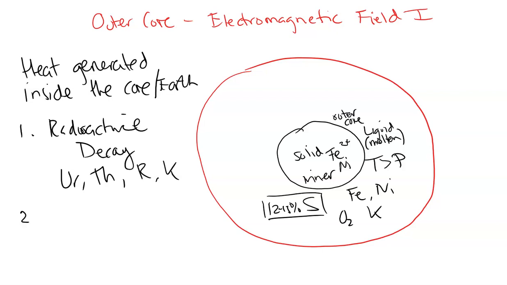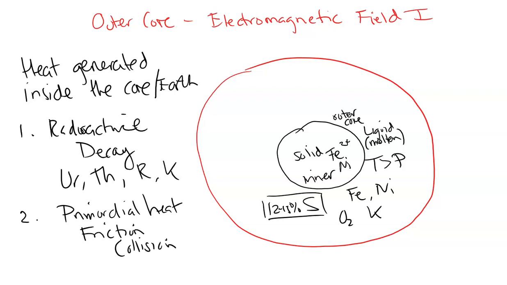And the other heat is primordial heat from friction and collisions, when the Earth was increasing its mass through different collisions and accretion at the early stages of the planetary lifespan.